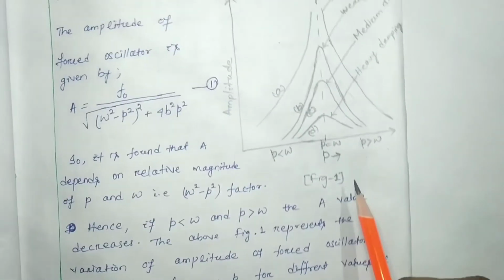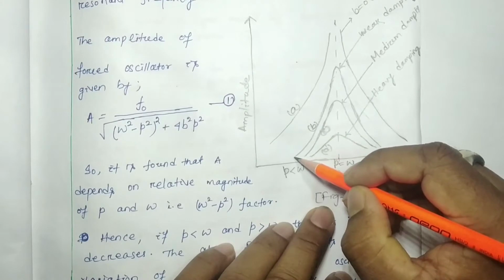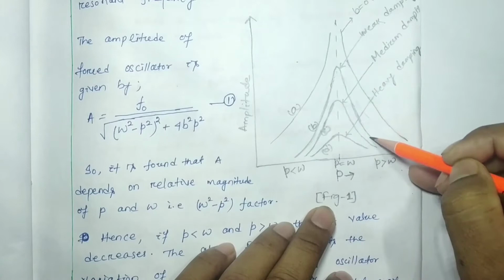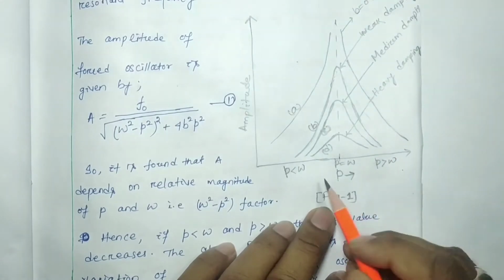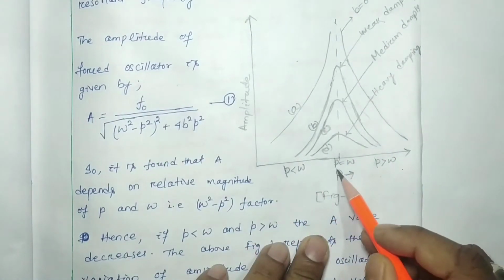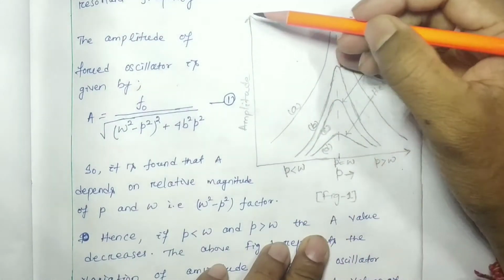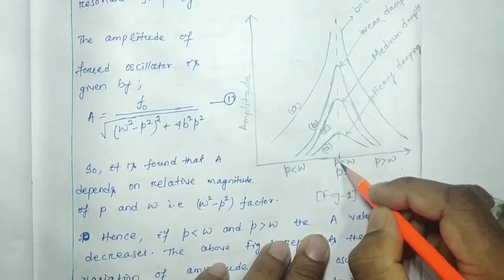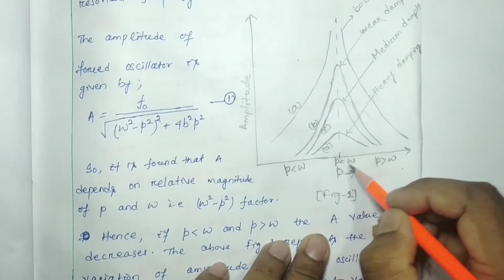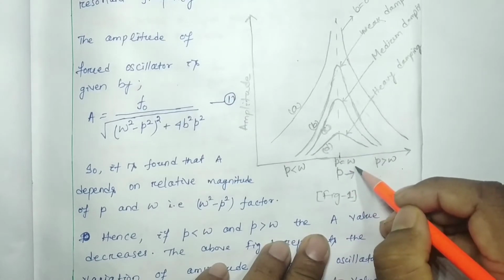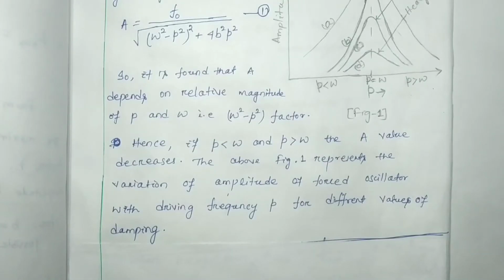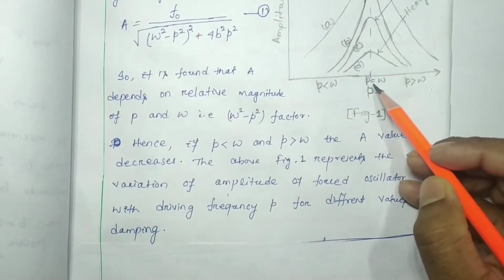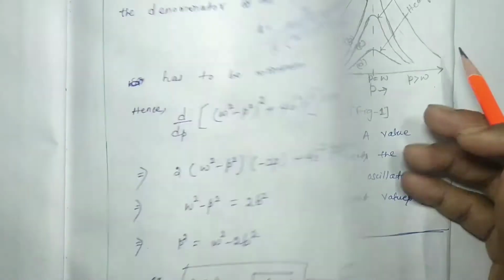Suppose you concentrate upon this curve. Along the x-axis we consider the variation of p, along the y-axis the variation of amplitude. At this point p is our resonant frequency, that means p equals omega.